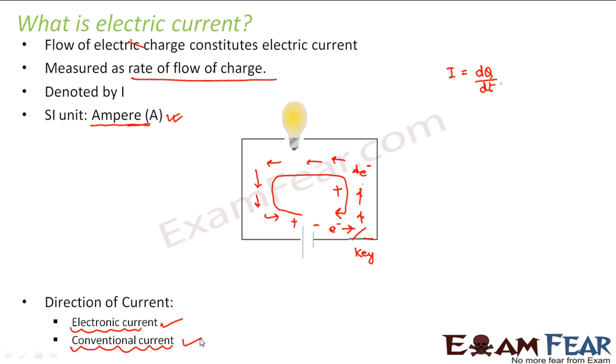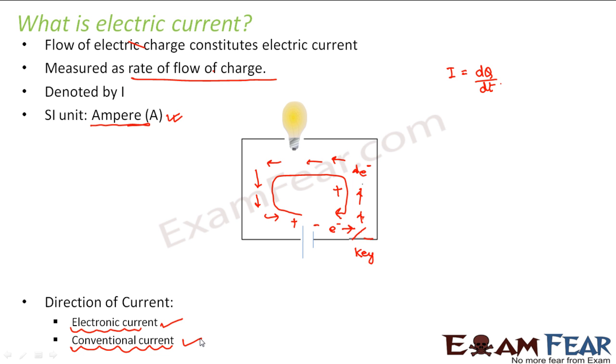So the current constituted by the electrons is known as electronic current, and the current constituted by the positive charges, that is opposite to the electronic current, is the conventional current. Now, when I say current, what do I mean? Is it electronic current or conventional current? Because at one time you can assume it to be either one, right?